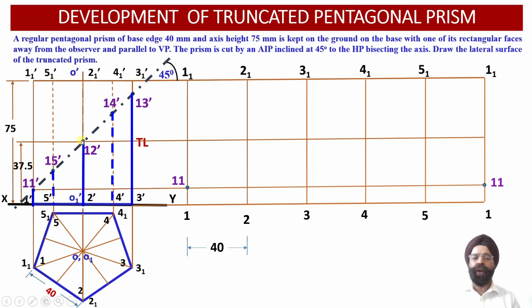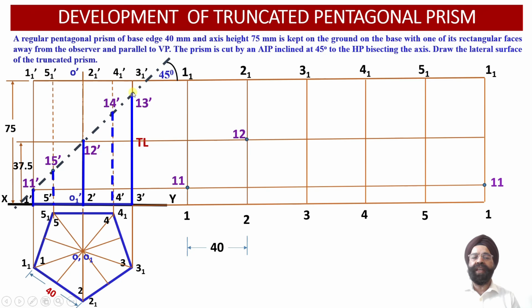From this point 12 dash, once we draw a horizontal projector line, wherever it intersects with the true length of the vertical edge 2 1 2 in the development projection view, we are going to obtain the point 12.